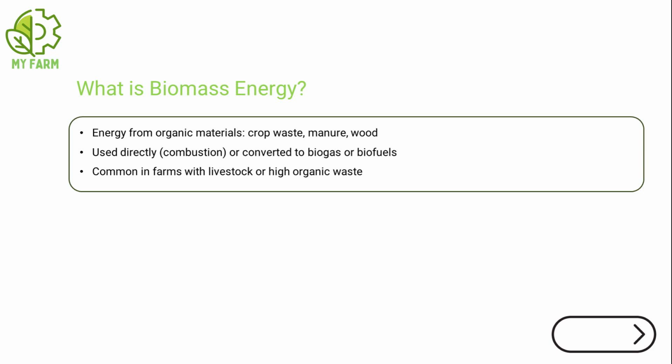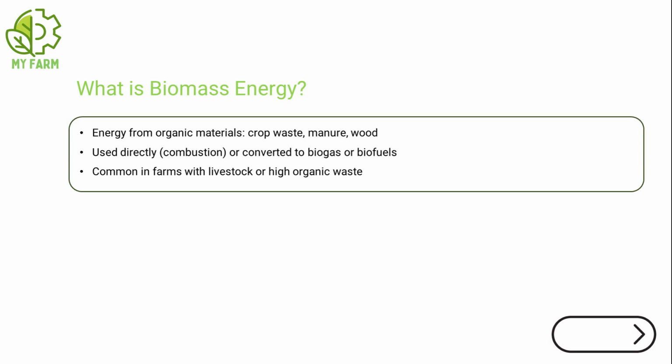For instance, the residue left after anaerobic digestion, known as digestate, can be applied back to the land as a nutrient-rich organic fertilizer, enhancing soil structure, promoting microbial life, and reducing the need for chemical inputs.